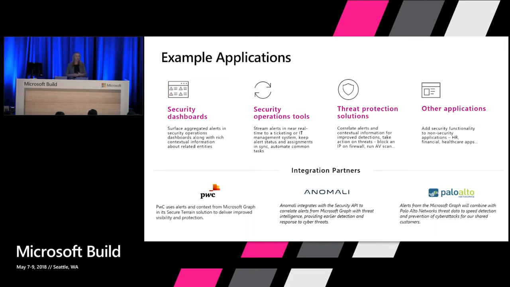Or they may want to leverage some additional contextual information, again, to improve their ability to detect and respond to threats. And then again, they could take advantage also of that automation. They could take action to block an IP address or to reset a user's password or to run an AV scan and much more.